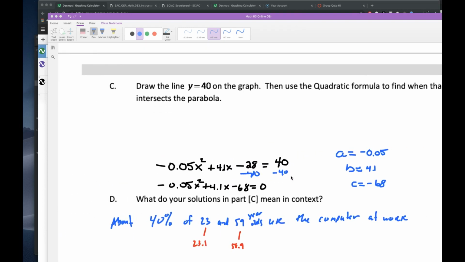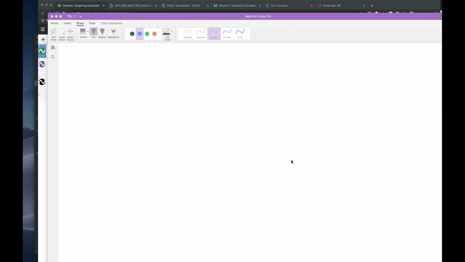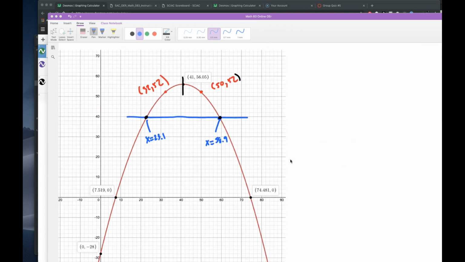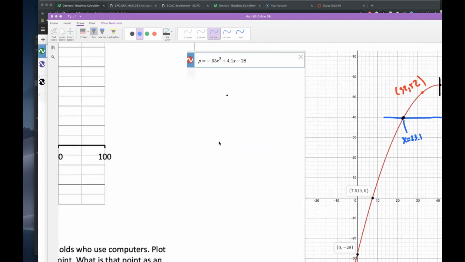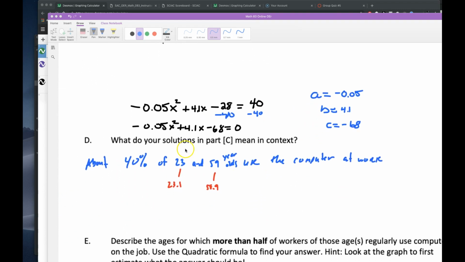So again, trying to answer that question, going down to 40, you would see what those points are. I get 23.1 and 58.9, and so from here, that means about 40% of 23 and 59-year-olds use a computer at work. I just rounded to get a closer number.